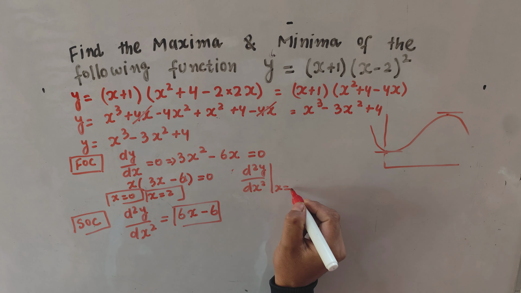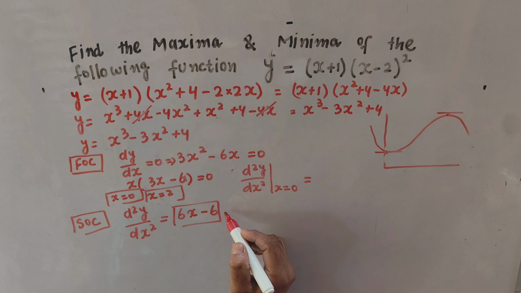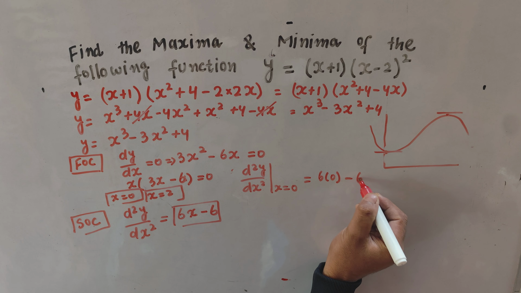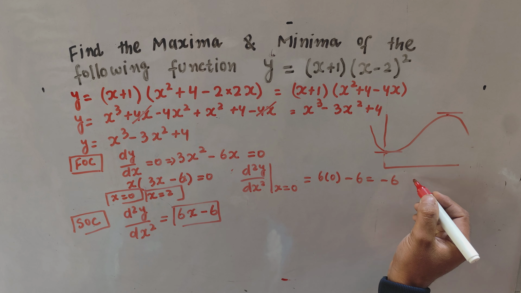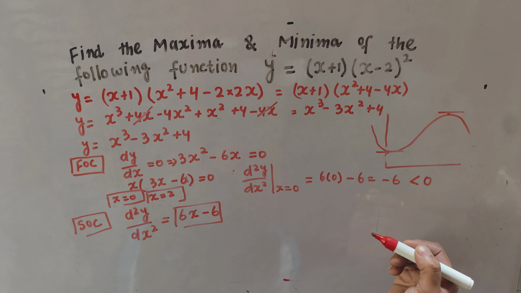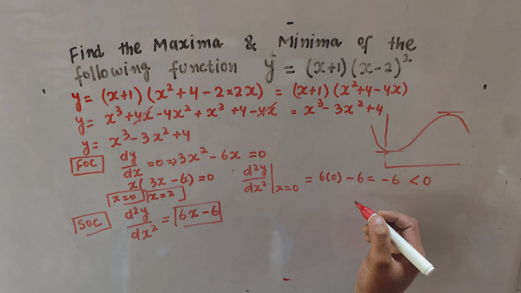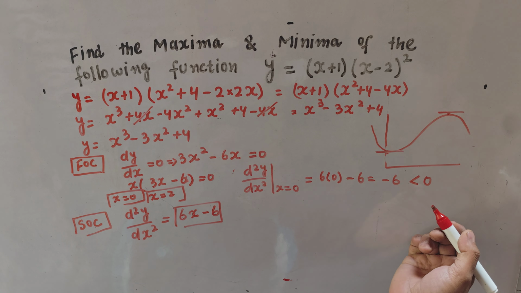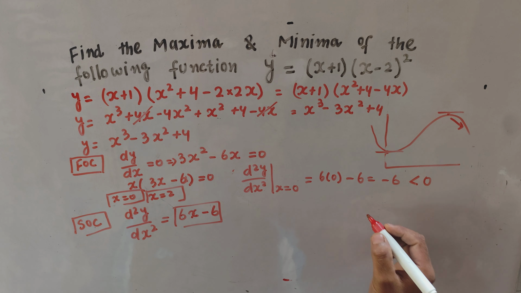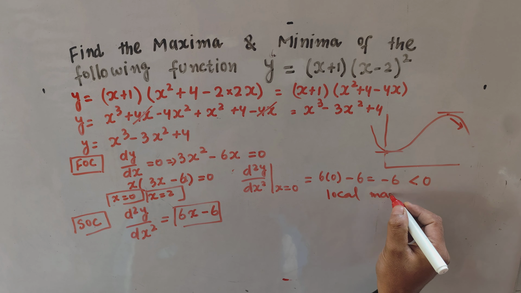First at x is equal to 0. Let's plug x is equal to 0 into this equation. Since this is the second derivative, we have 6 times 0 minus 6, which is equal to negative 6, which is less than 0. Since we get the second derivative negative, that means it will be a local maximum.